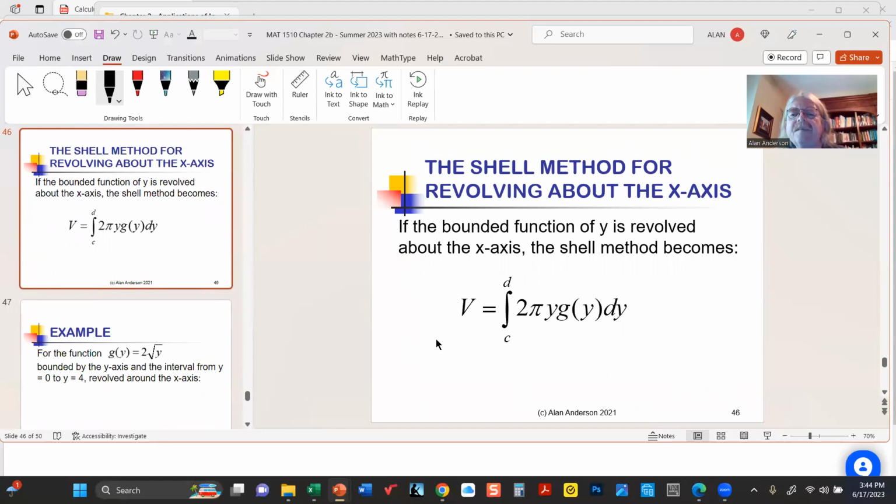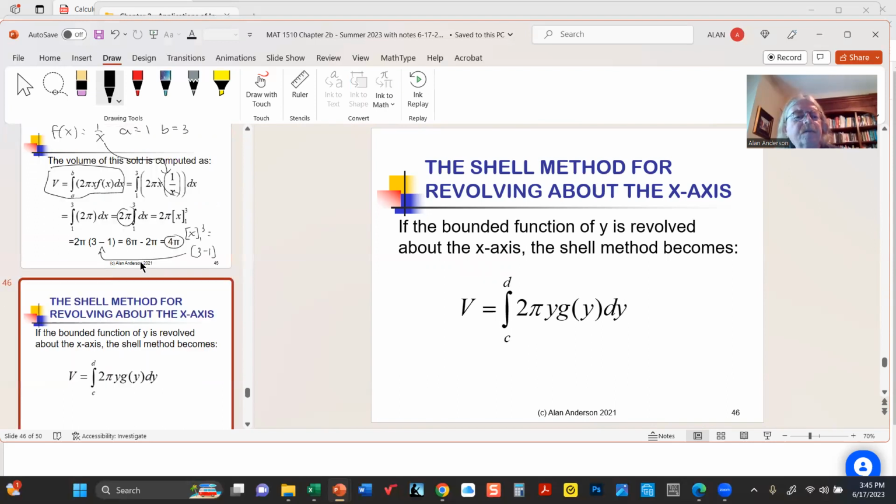But anyway, so you can imagine, now all of a sudden, we need to know what happens if we rotate this around the horizontal axis. So you notice these are different than what we saw with the disk method. With the disk method, we rotate around the x-axis, we had dx. Here we're rotating about the x-axis and it's dy. But you can see the similarity to this one.